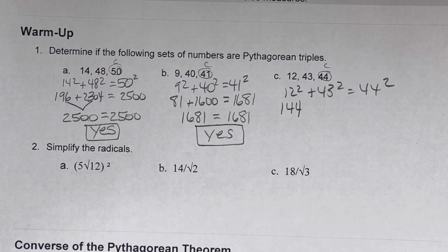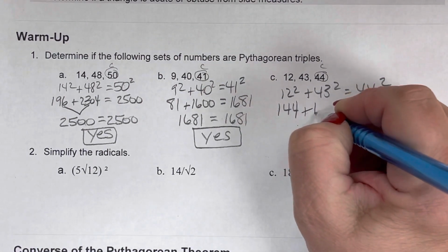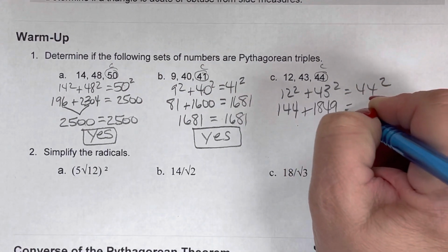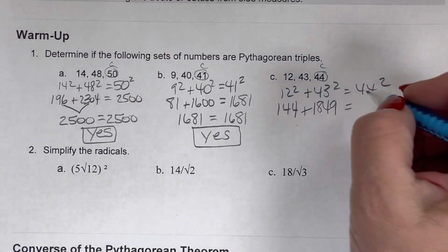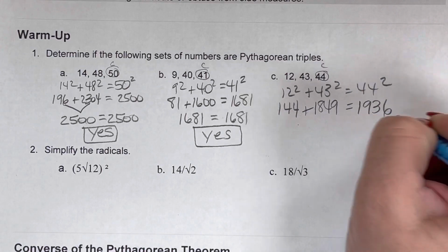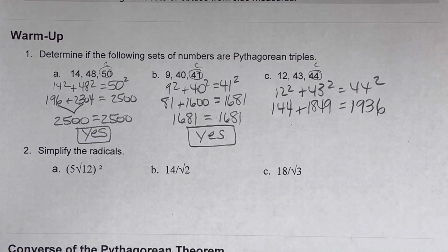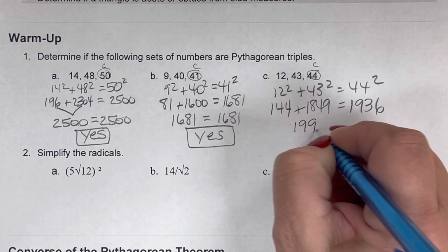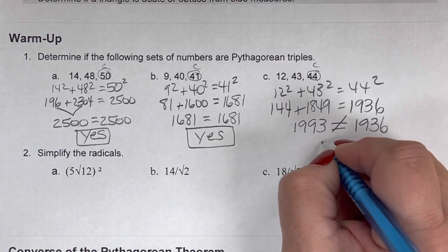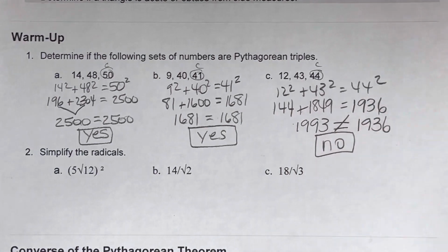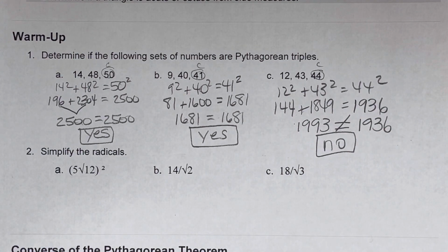I don't have that one memorized. 43 squared is 1849, equals 44 squared is 1936. And then I need to add 144 plus 1849, and I get 1993. That does not equal 1936. So no, those numbers are not a Pythagorean triple.